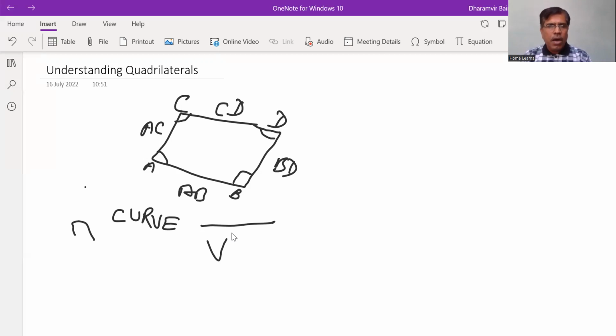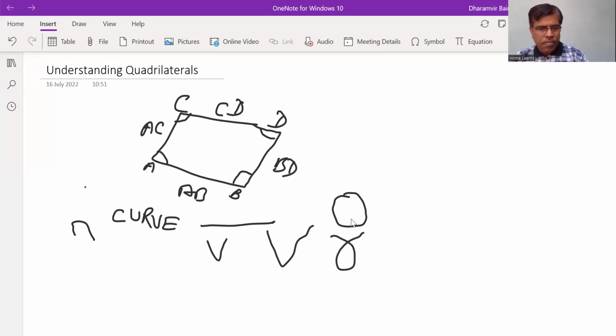Curves are formed by drawing without lifting the pen from the paper, like this. This is a curve. This is a curve. This is a curve. This is again a curve.